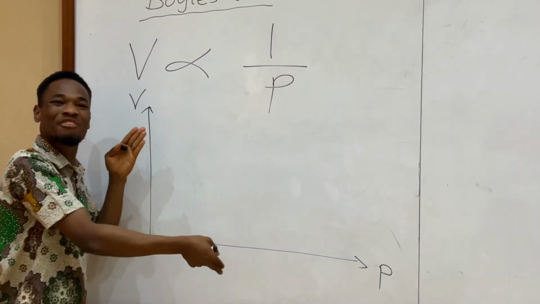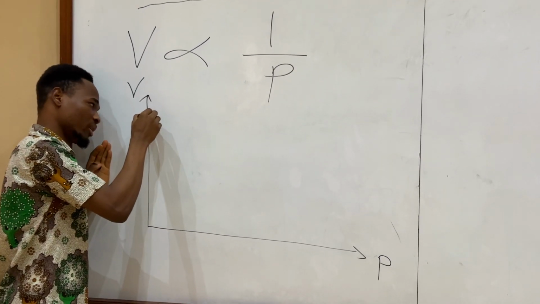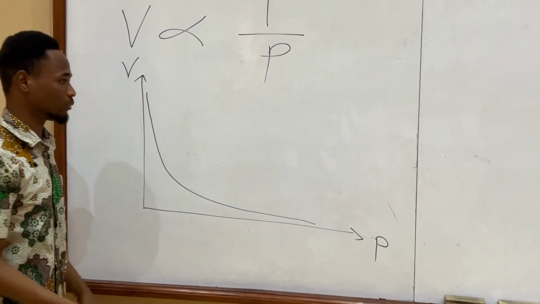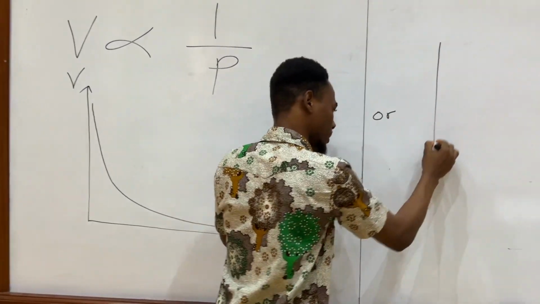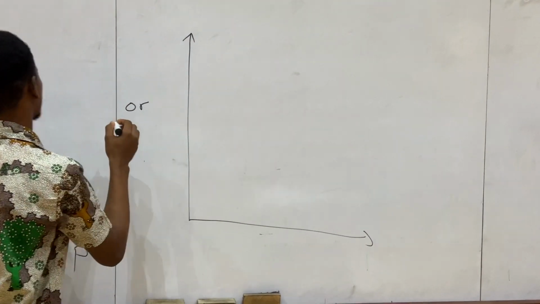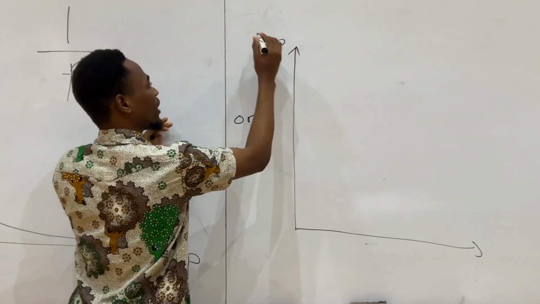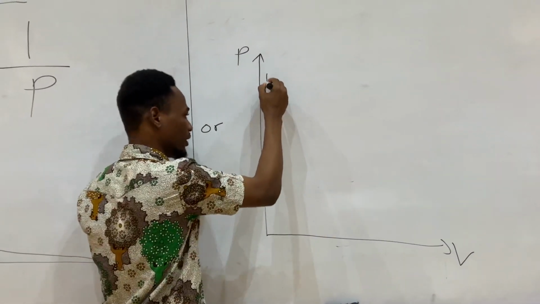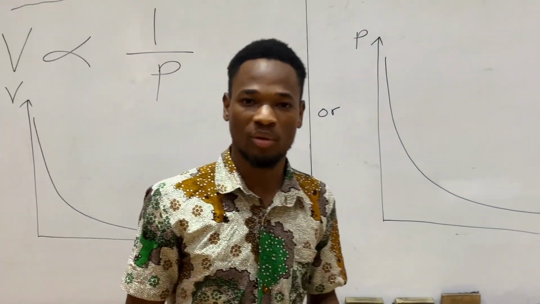Because they are inversely proportional, it will take this form, this way. You can decide to bring the P first and the V here, and it takes the same format. Do you understand it that way?